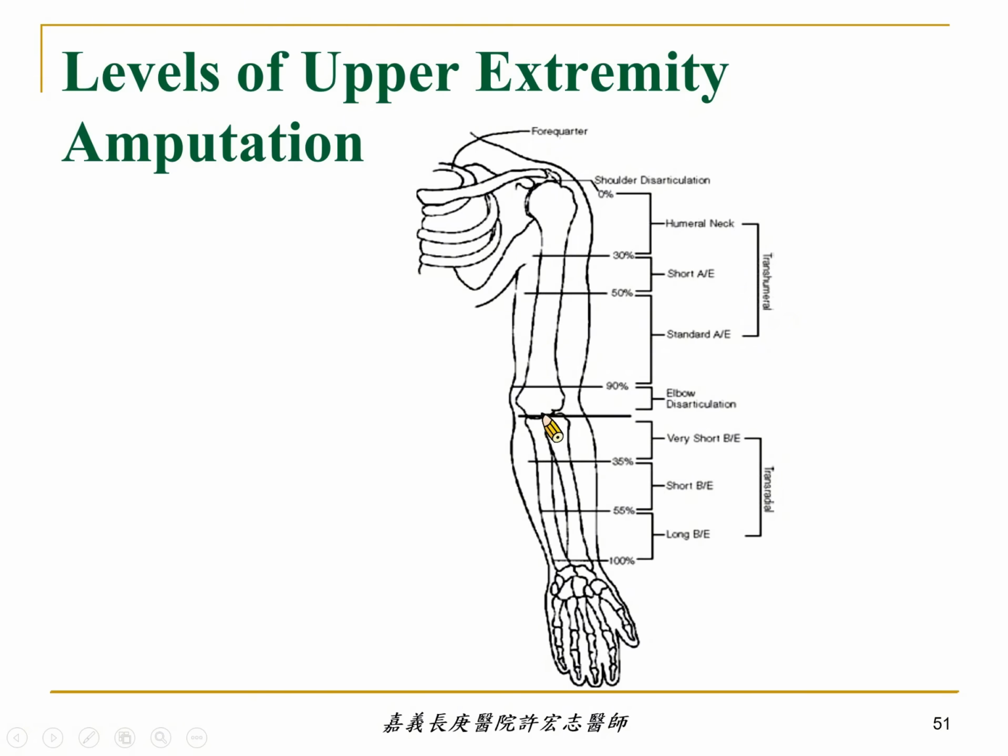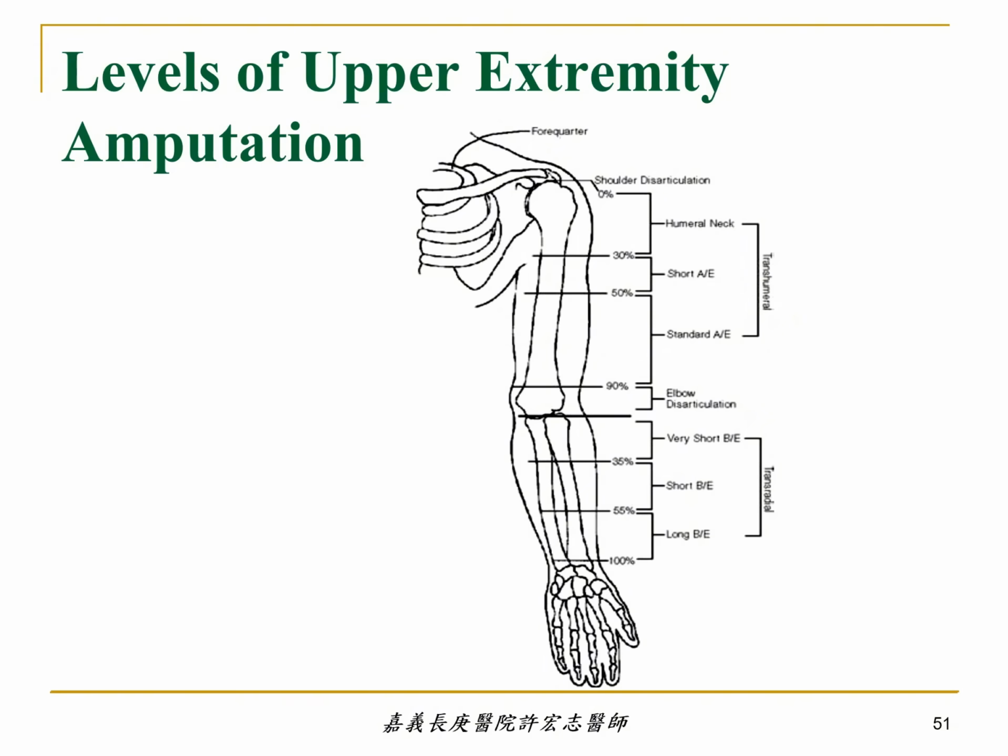If you are keeping the remnant at less than 35%, we call that the very short BE. What is the importance? If you keep the remnant as long as possible, it will be easier for the hand to control the future prosthetics. Do you understand? Let me explain in Mandarin again.